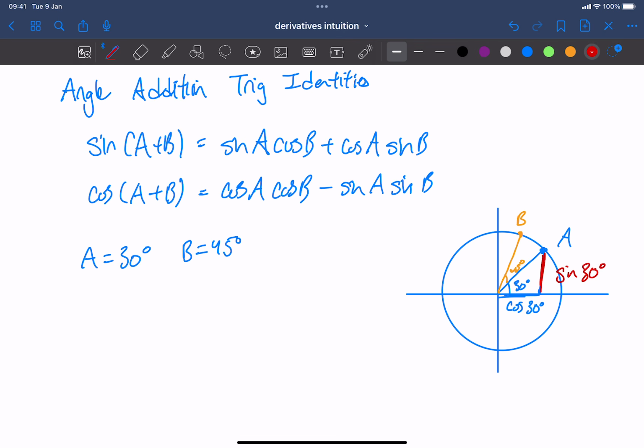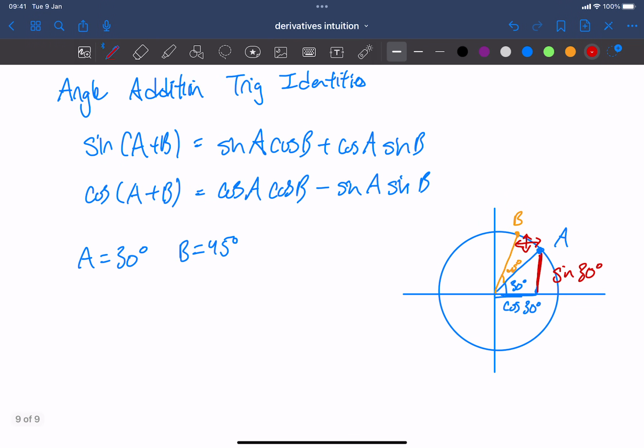Now the big picture is looking at these two point discrepancies. We see that the vertical component changes a little bit, and the horizontal component changes a little bit, and we notice that it is in 2D space. If we were doing regular addition, let's say we have a number line: -2, -1, 0, 1, 2.